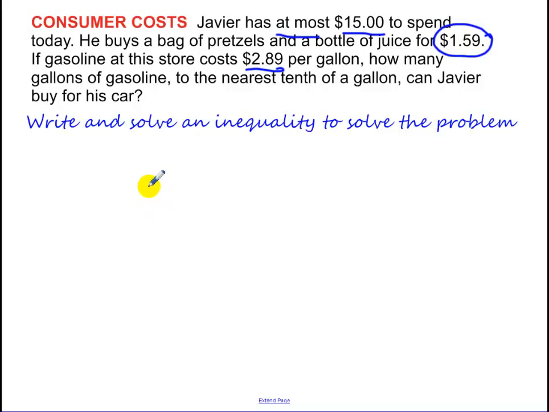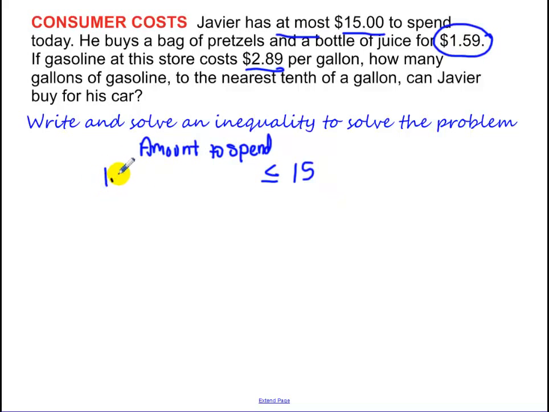So he has at most 15. So the amount he has to spend has to be less than or equal to 15 because we can't go over $15, because that's all he has.